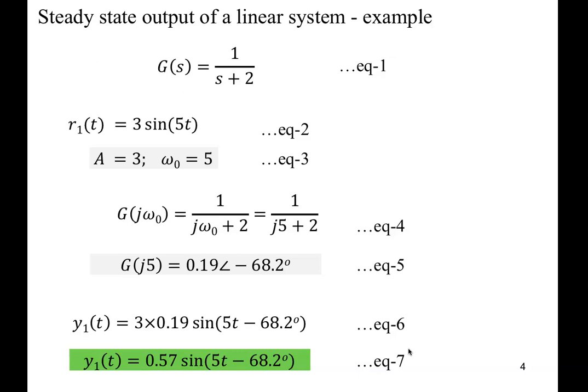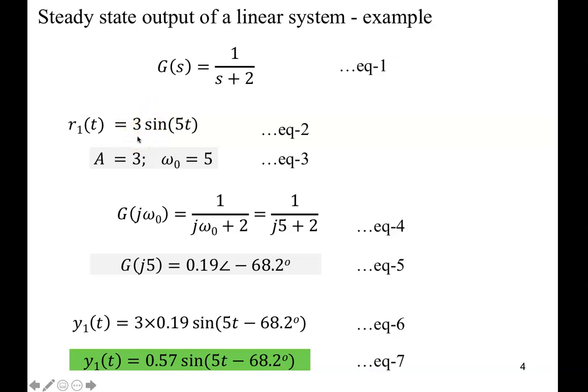Now, if that's your input, you need to identify 3 parameters from that input signal. One is the amplitude, that's the peak value of a sine wave, which is A. It's the number in front of the sine symbol. So 3 here is the amplitude.